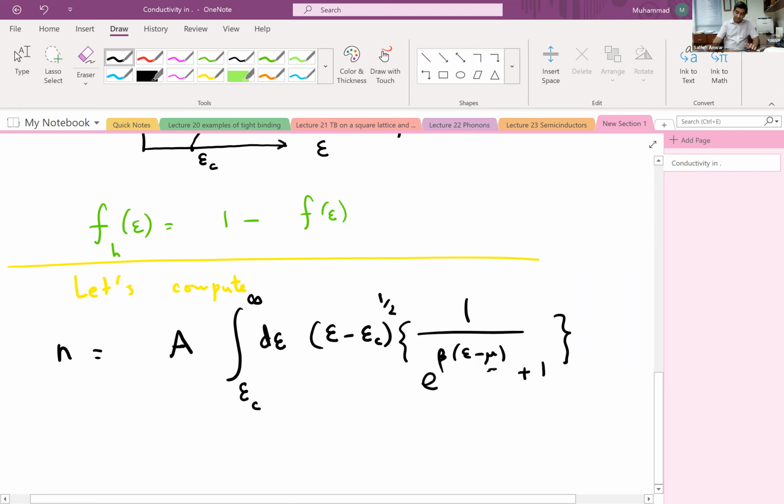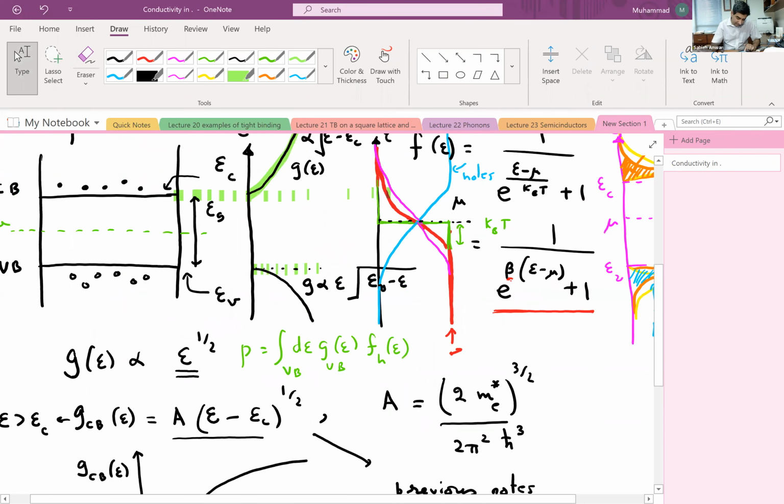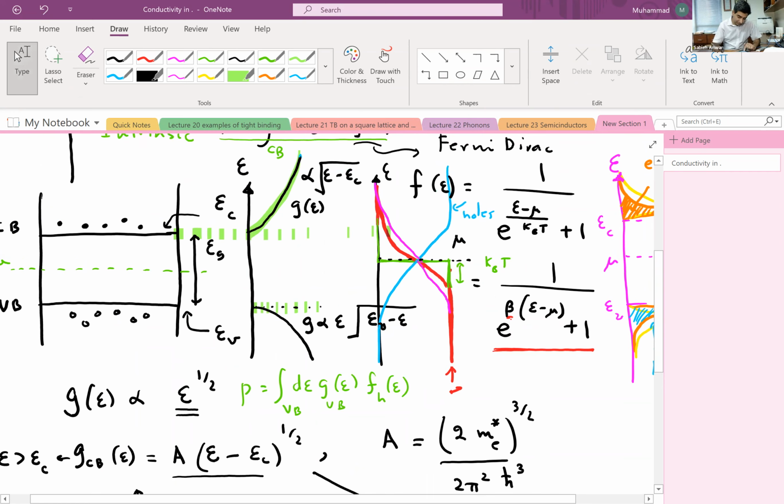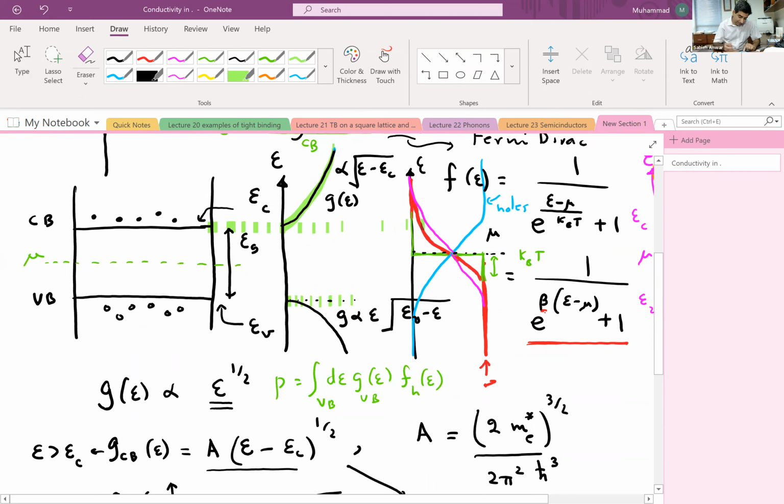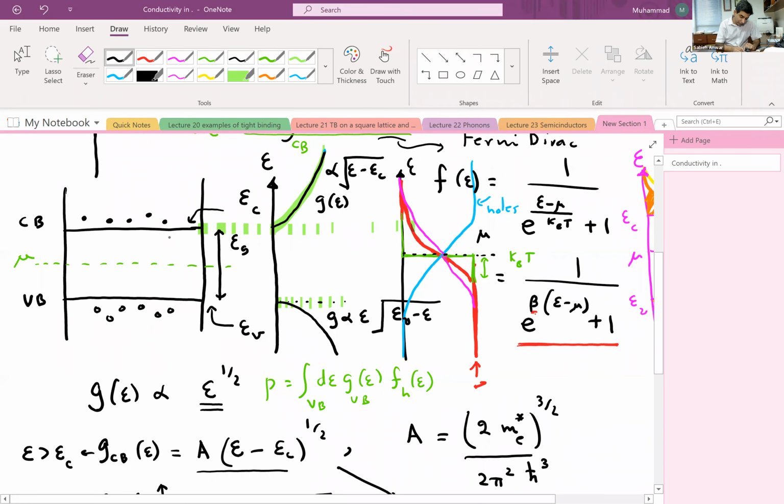For the time being, we only assume that the chemical potential is below EC, and it's many units of kBT away, which means the temperature is not very high, and very high by the way means tens of thousands of kelvins.